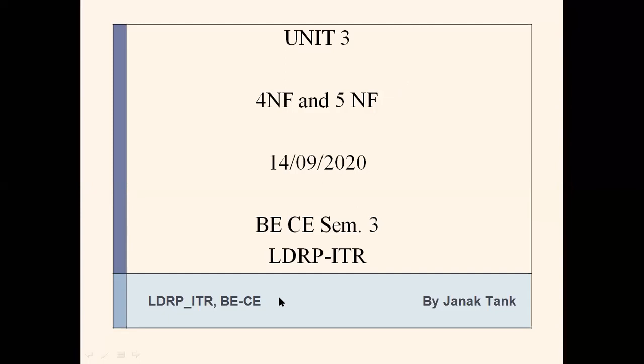We can decompose our table up to the third normal form. Up to the third normal form, or maximum up to the BCNF, all our queries may get solved very easily.